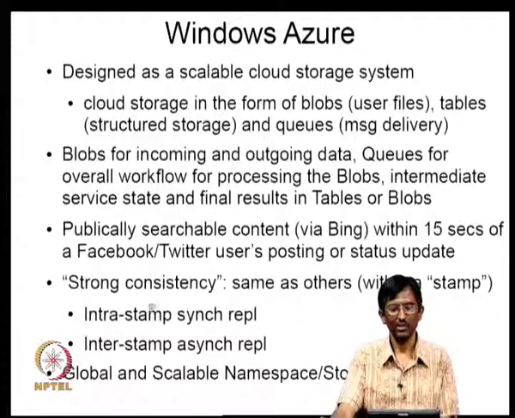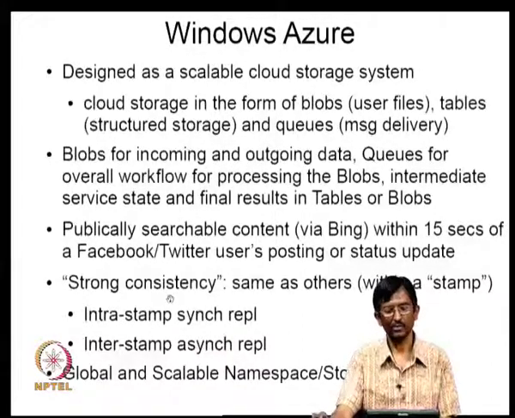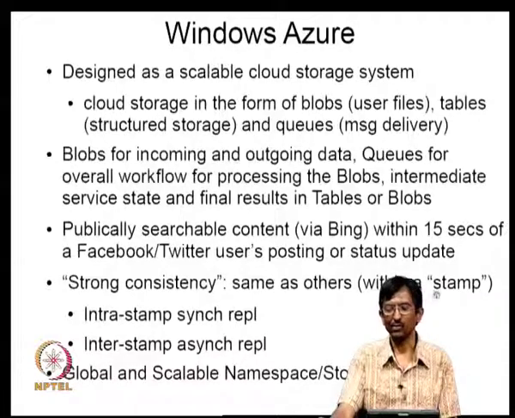Again, just like the previous system, within a stamp, within a data center or within multiple racks, they usually do synchronous replication, and across stamps they do asynchronous replication. Again, as we know, the asynchronous thing comes into the picture anytime you have the CAP theorem in the picture.